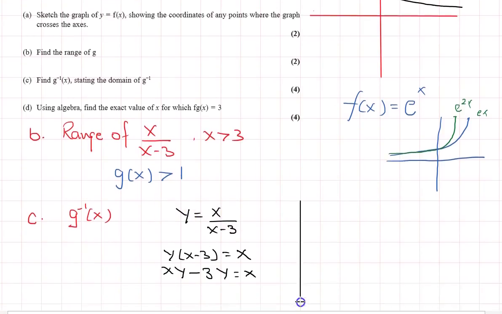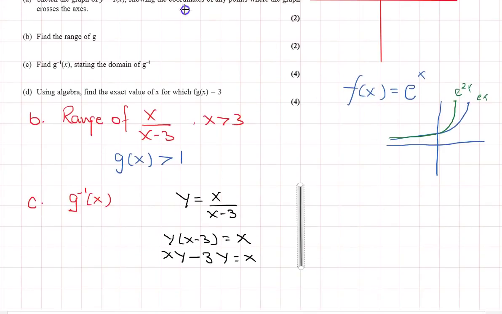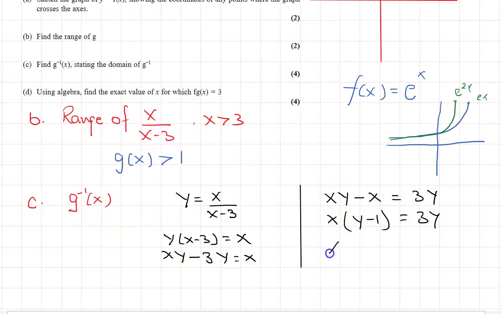So we can write that, separate x. So this is xy minus x is equal to 3y. x common, y minus 1 is equal to 3y. So x is equal to 3y over y minus 1.